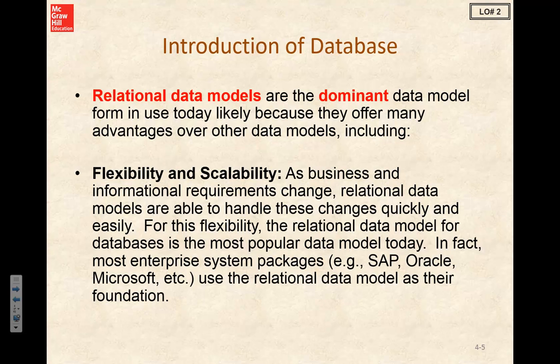As a business's information requirements change, relational data models are able to handle these changes quickly and easily. For this flexibility, the relational data model for databases is the most popular data model today.